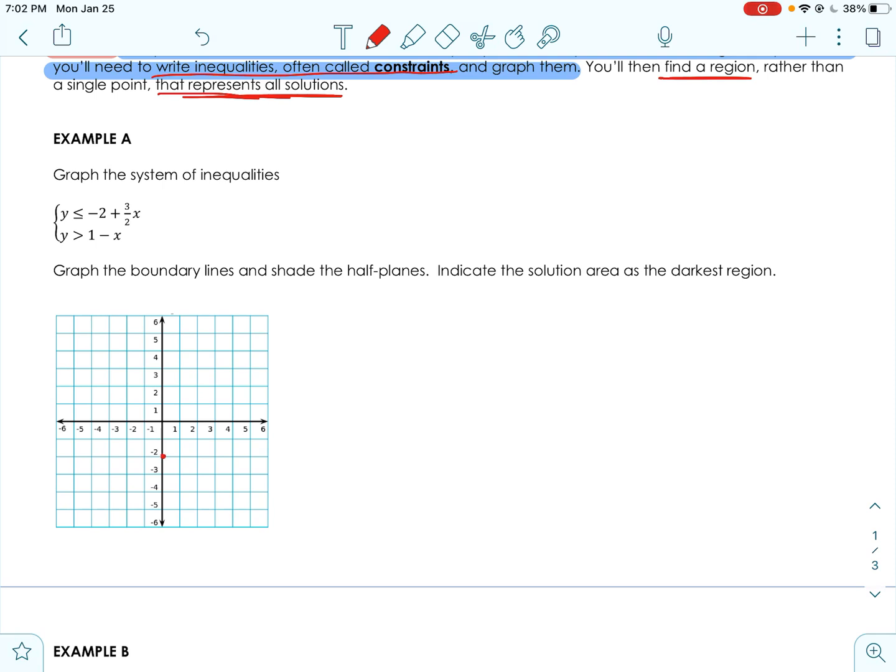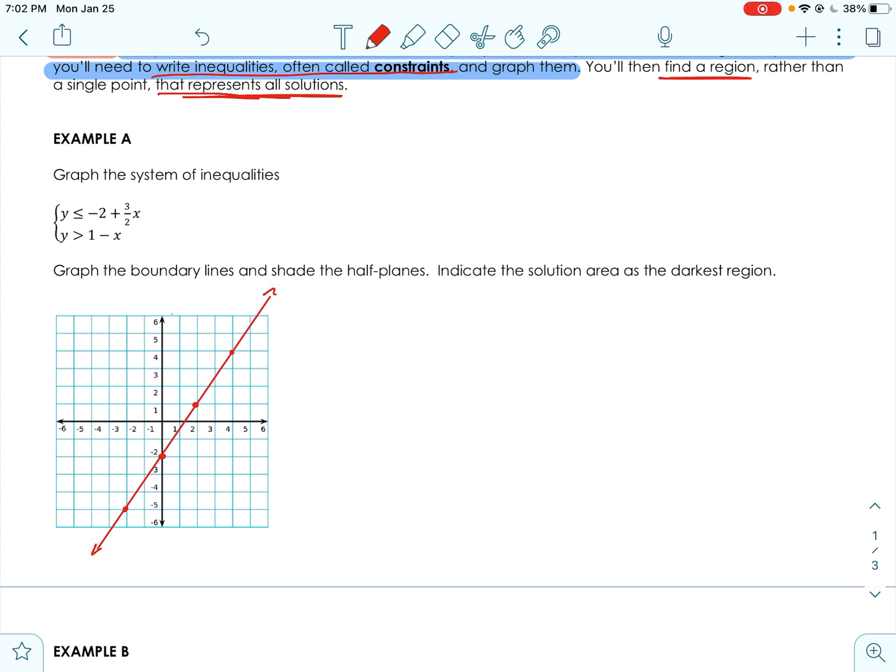The y-intercept is negative 2, and then you're going to go up 3 over 2, up 3 over 2, then you can go down 3, left 2. And because this says y is less than or equal to, we're going to have a solid line that passes through those points. So our boundary line looks like this.